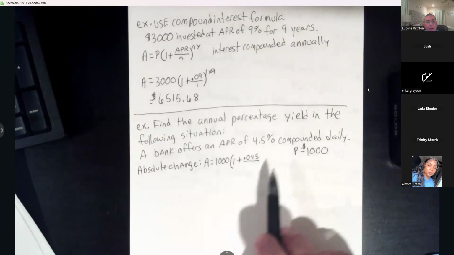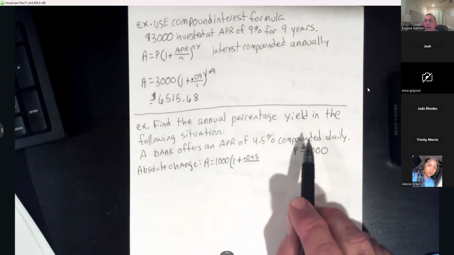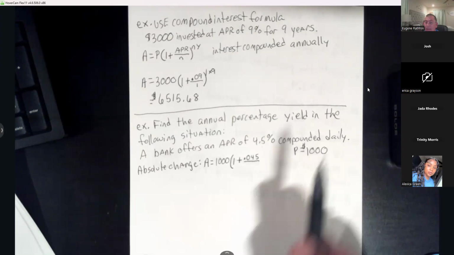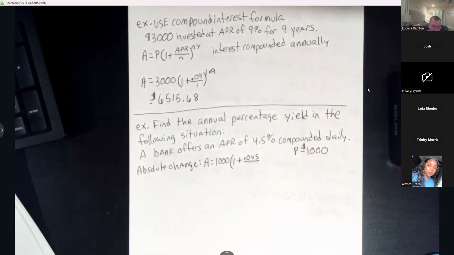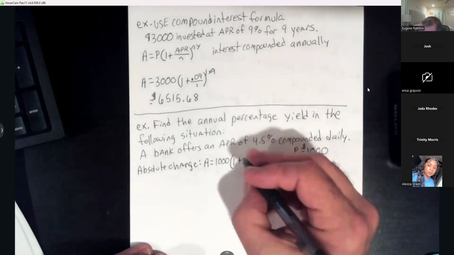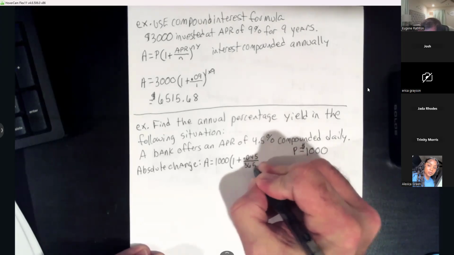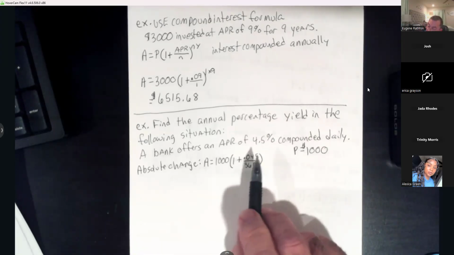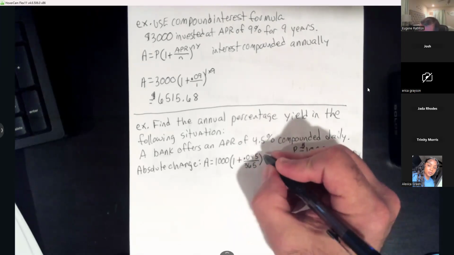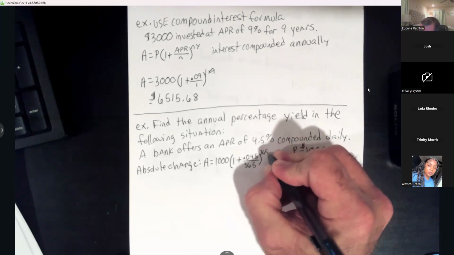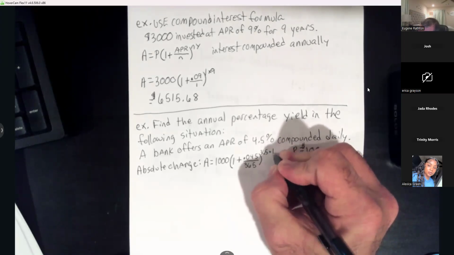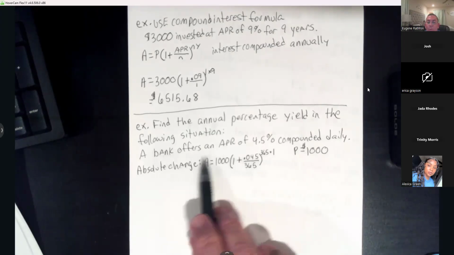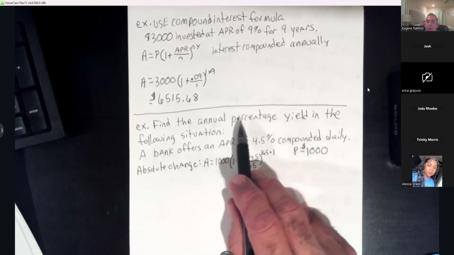N. What is N going to be if this is compounded daily? All right, 365. And then that's raised to the N times the years. So that'll be 365 times 1. So it's always after 1 year on this one, okay, when you're looking at the annual percentage yield.